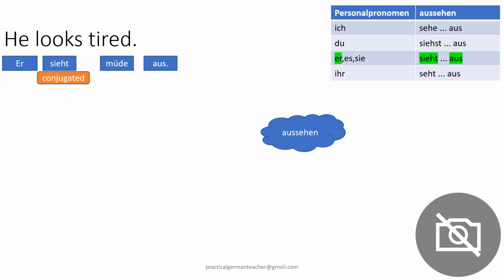Now, why did you learn this sentence? Because how something looks, you need this in different scenarios, right? A colleague shows you his or her presentation. If you want to say, deine Präsentation sieht gut aus, or you want to say how something looks, you want to give criticism or you want to praise something, then you can say, "Hey, das sieht gut aus, das sieht schlecht aus," right?